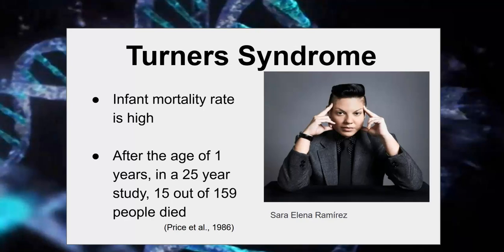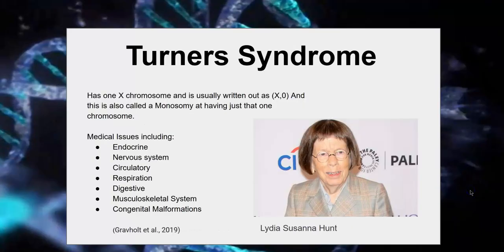If you know Grey's Anatomy, then you know who she is. She's an actress on that show, and she has been diagnosed with Turner syndrome. Now, again, Turner syndrome only has 1 chromosome. That's why it's usually written out as X0. And that's also why it's called monosomy, having just that 1 chromosome.